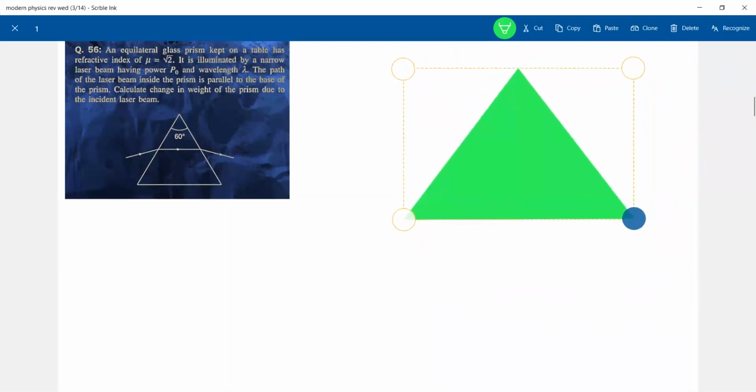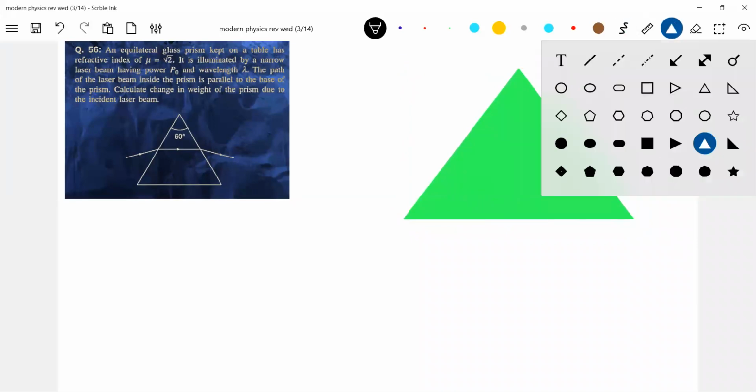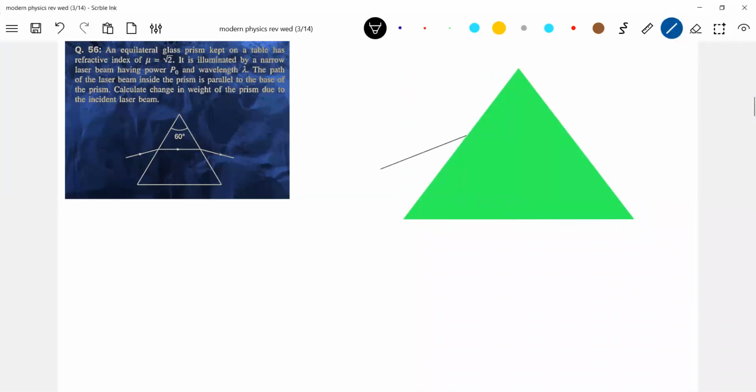Okay, now we'll get into the problem. We have a ray. I think it's at minimum deviation, from the way he has given the information. Yes, it's at minimum deviation because the refracted ray inside the prism is horizontal. First, get the prism ideas properly, then we'll enter into the radiation pressure concept.